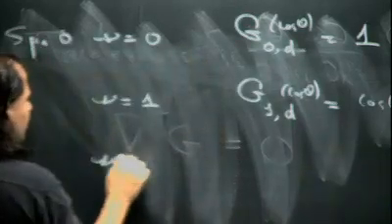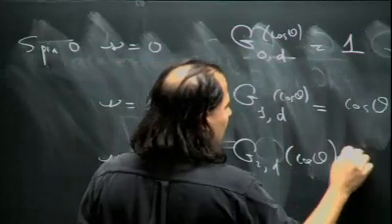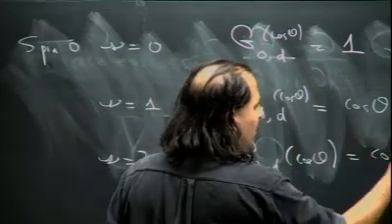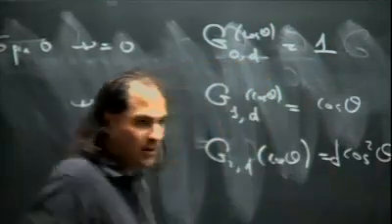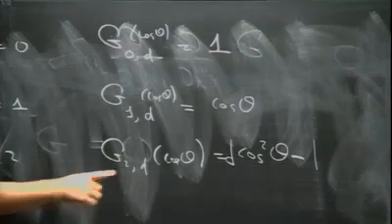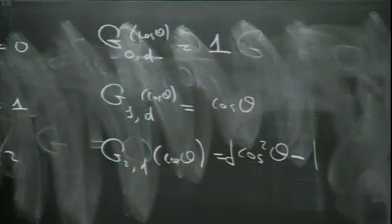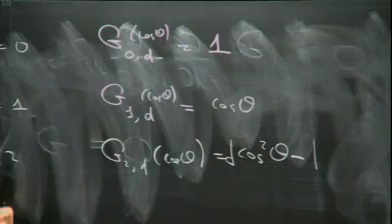For spin 2, G_2,d of cosine theta is cos squared theta minus 1 over d, or cos squared theta minus 1. Okay? So that's where the dependence on the spatial dimension comes in. And so on.